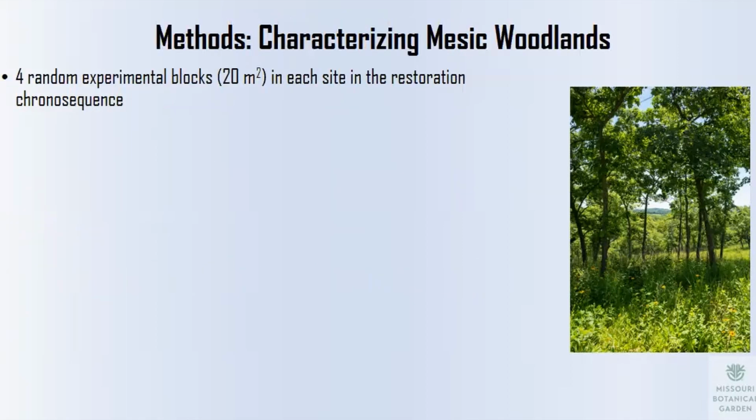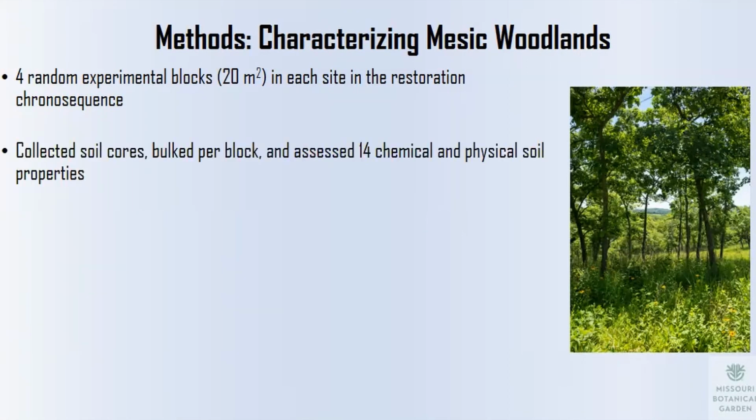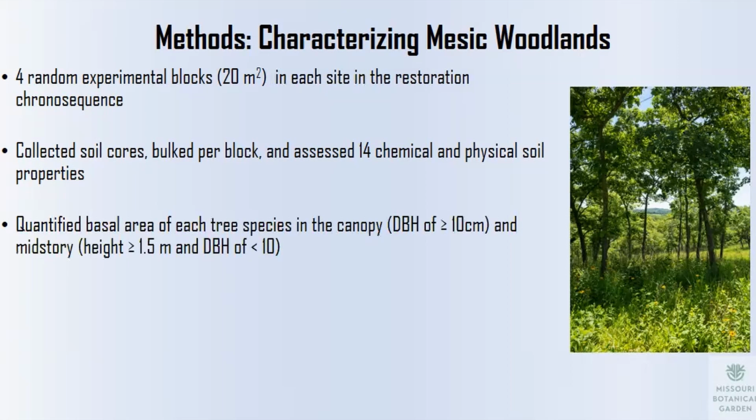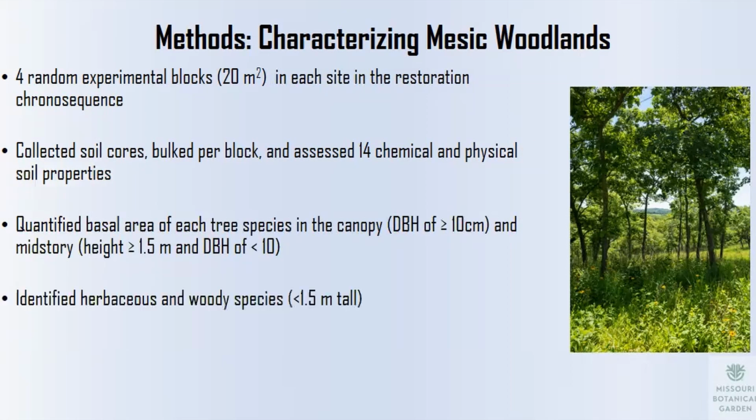So to do this, we had 4 experimental blocks of 20 square meters in each of those restoration sites, young, intermediate, and old. We collected soil cores and bulked them, and we assessed 14 different chemical and physical properties. We also quantified the basal area of all the trees in the canopy and the mid-story, and we identified all herbaceous woody species that were less than 1.5 meters tall.